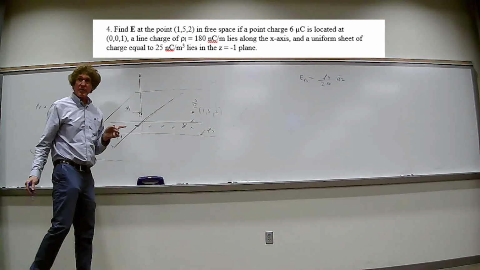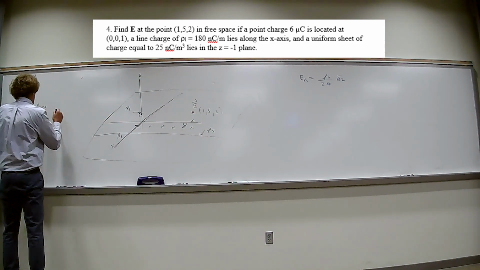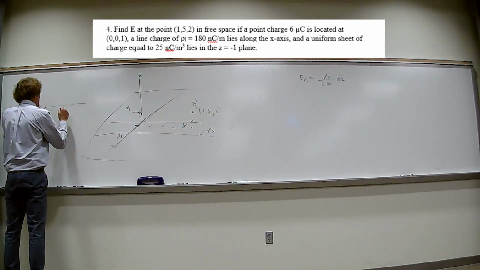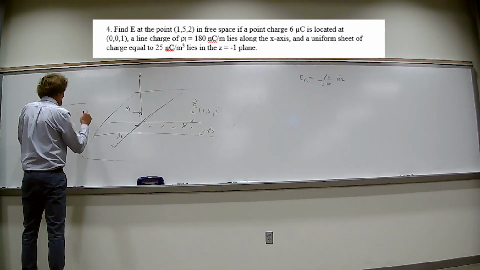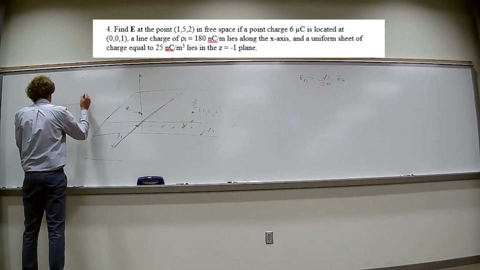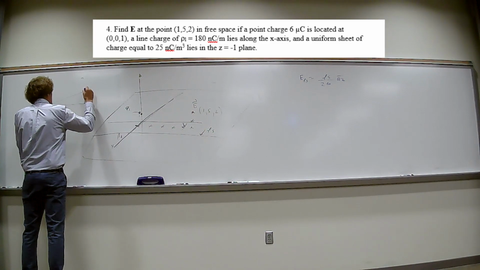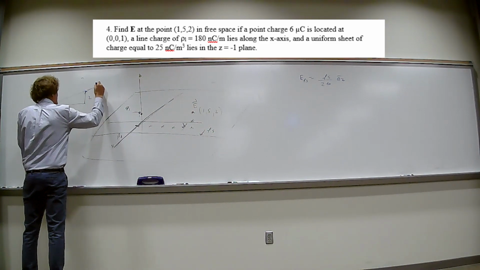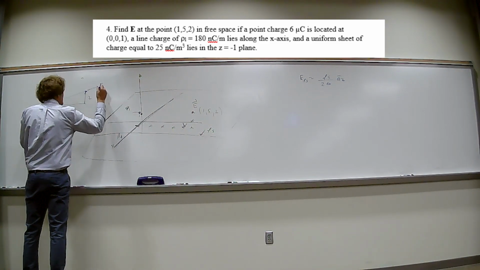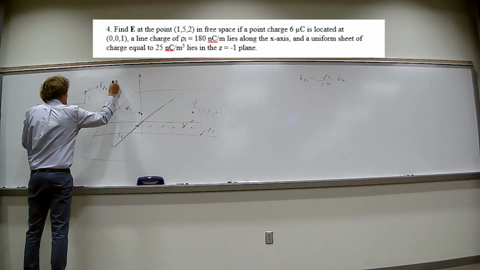Do you agree with this, everyone? So I come out, I go down a distance of 5, and then I go up a distance of 2. And now I want the electric field from this line charge, rho L.